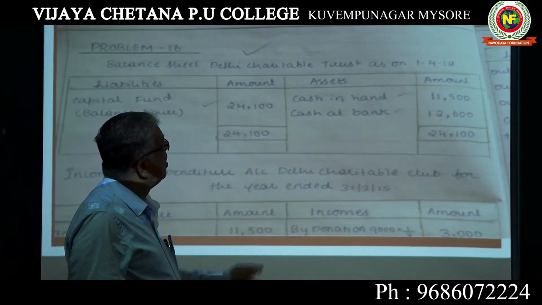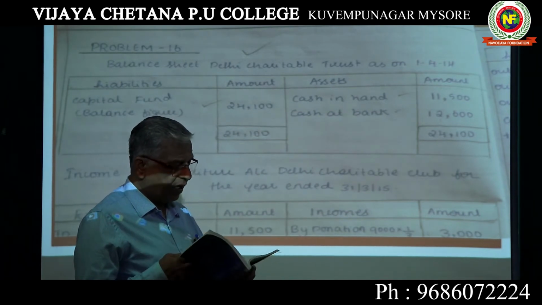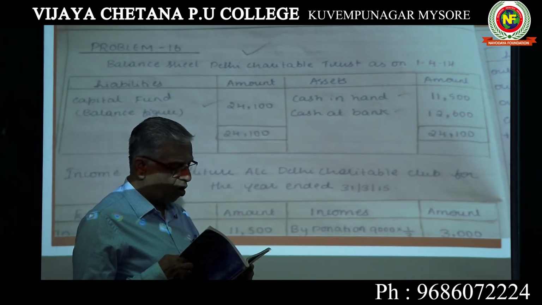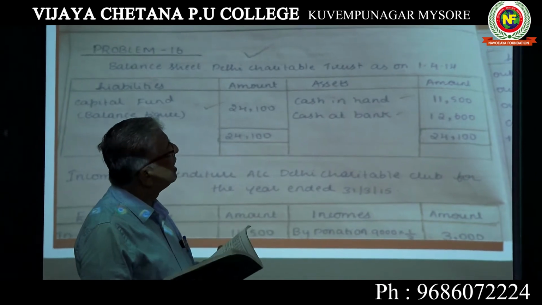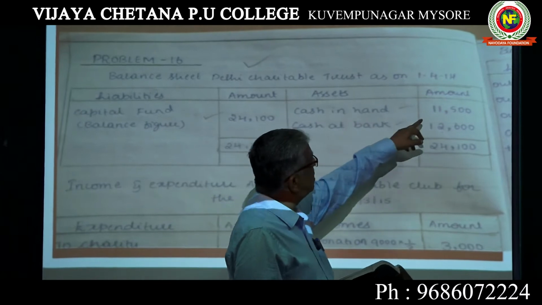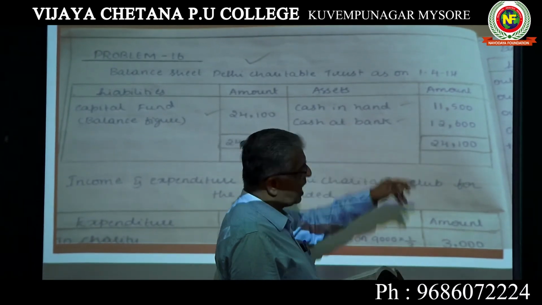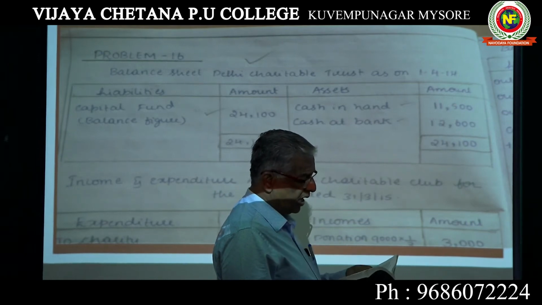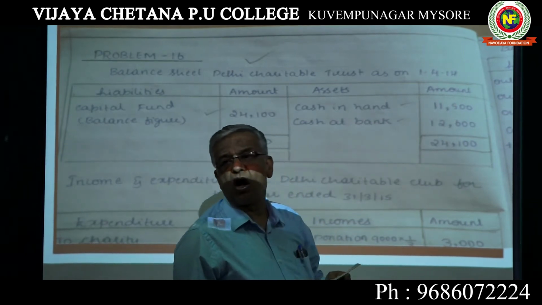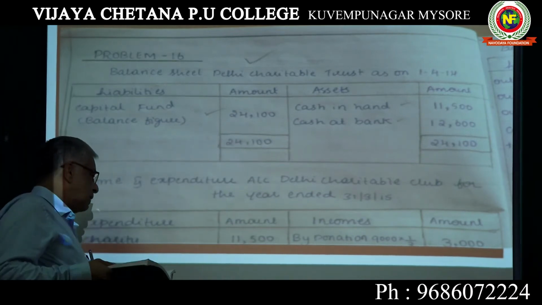In the textbook, on the receipt side he has given the balance brought down: cash in hand 11,500 and cash at bank 12,600. This is the opening cash in hand and cash at bank, so we take this into account.